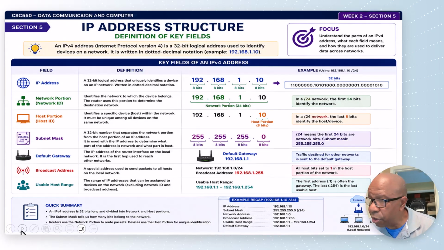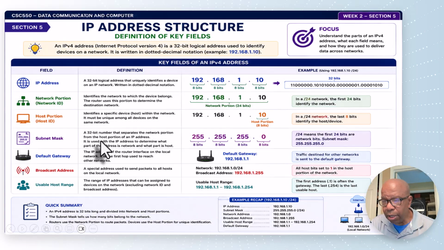The IP address structure: this is what we said before. A 32-bit logical address uniquely identifies the device on the IP network. There's a network portion to the IP address, the first 16 bits, used to determine the destination network.